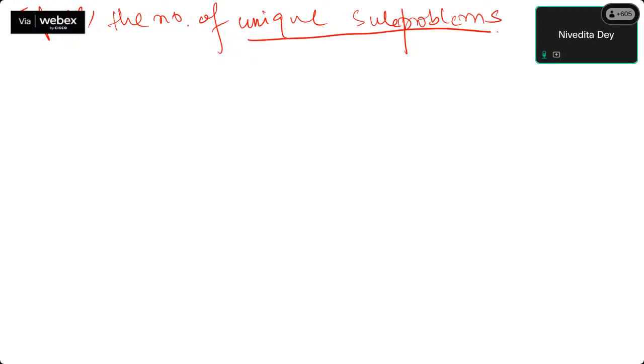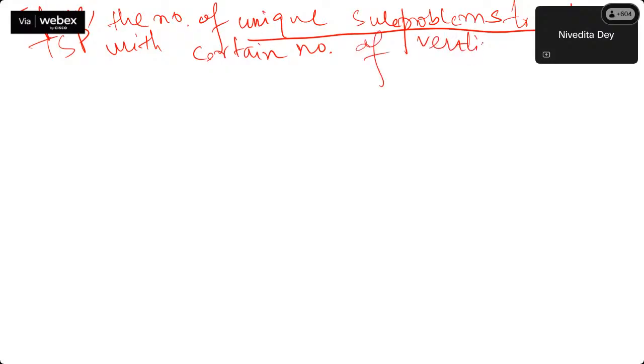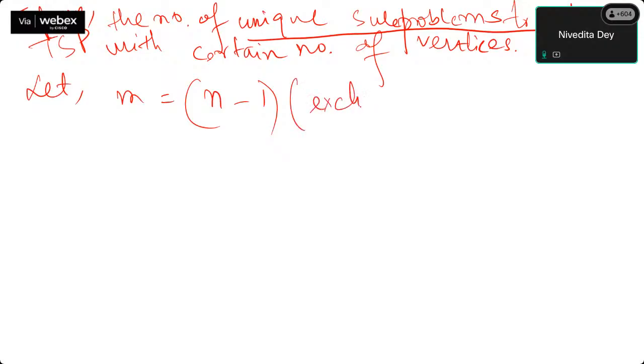Unique means I have to do it only once to solve TSP with a certain number of vertices. Let m equal to, say, n minus 1, that is excluding the source.